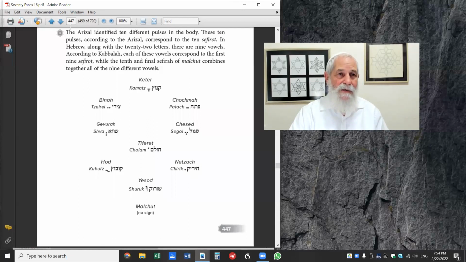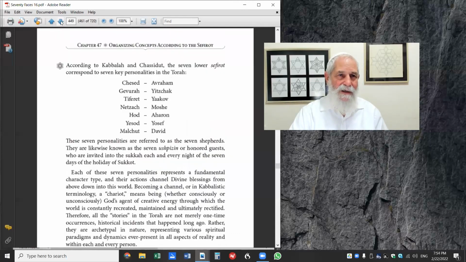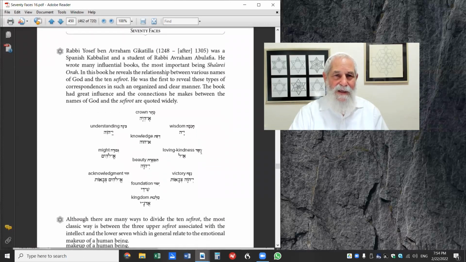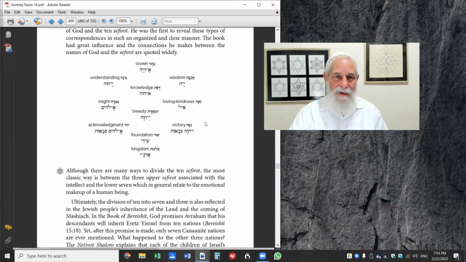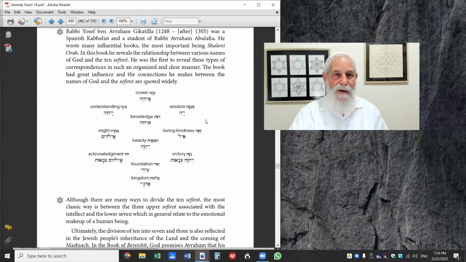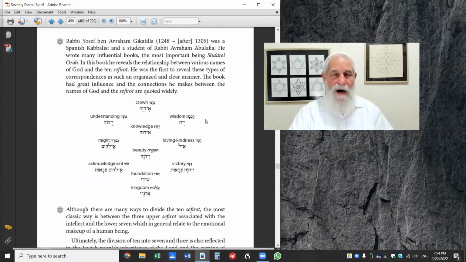Now the next one, this is where we're going to start next week. These are different names of God. And this comes from a book called Sharei Ora by Rabbi Yosef ben Avraham Gikatilla. He wrote it in the 1300s, and he was the first one to write it down.